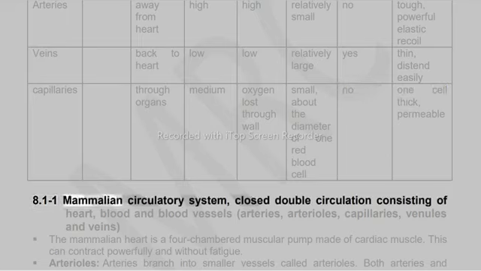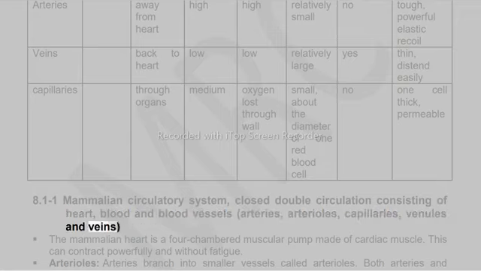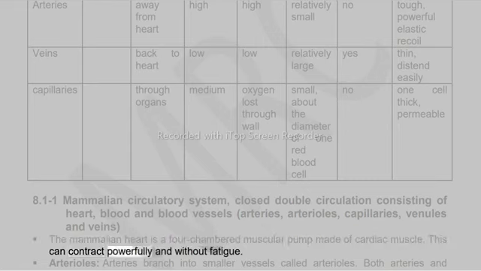8.1-1 Mammalian circulatory system: a closed double circulation consisting of heart, blood and blood vessels: arteries, arterioles, capillaries, venules and veins. The mammalian heart is a four-chambered muscular pump made of cardiac muscle. This can contract powerfully and without fatigue.